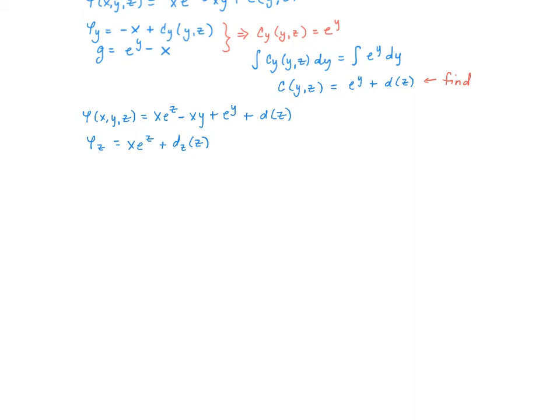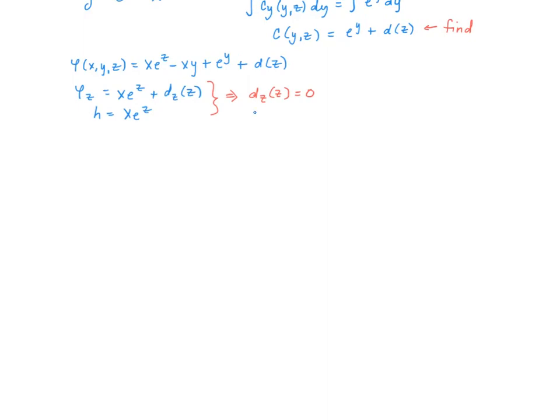So I'm going to compare that to h, which is x e to the z. And the only way that these two can be equal is if the partial of d with respect to z is equal to 0. But that doesn't mean that the constant is equal to 0. But you could probably see that it is.